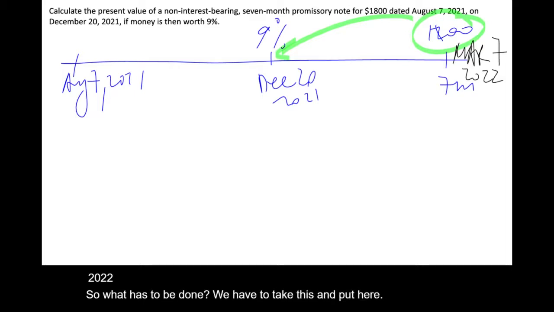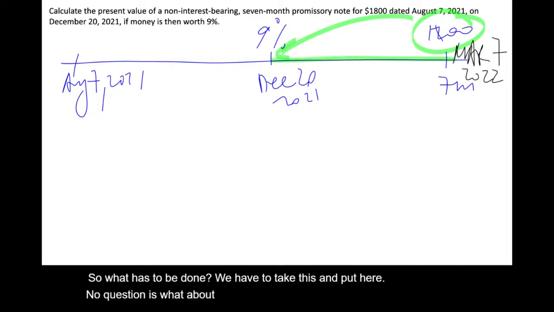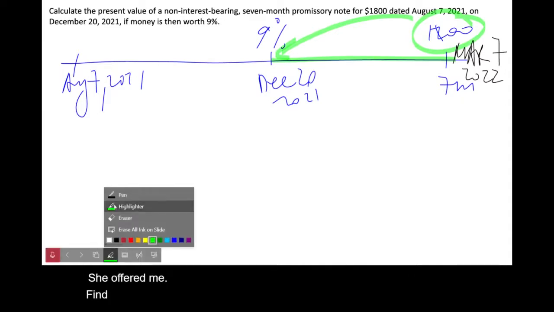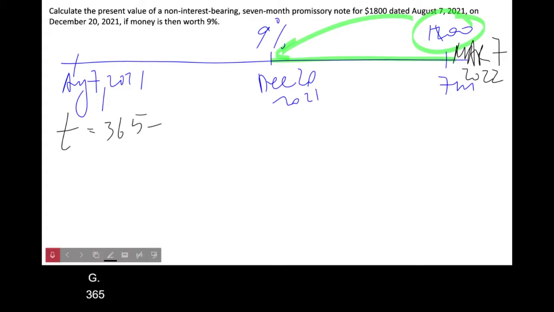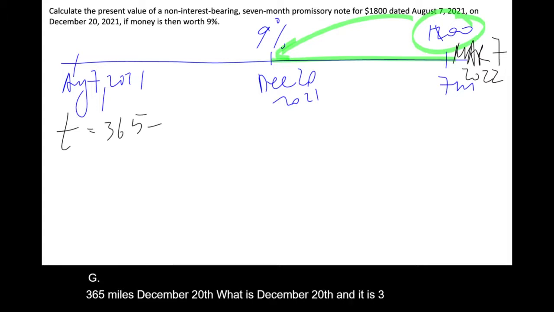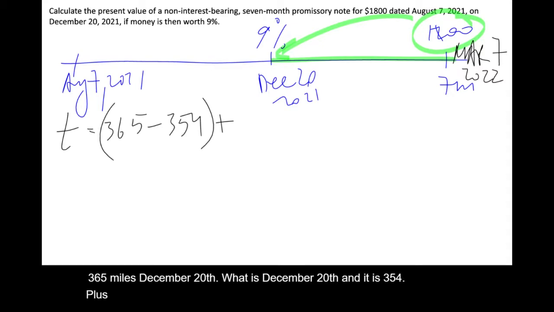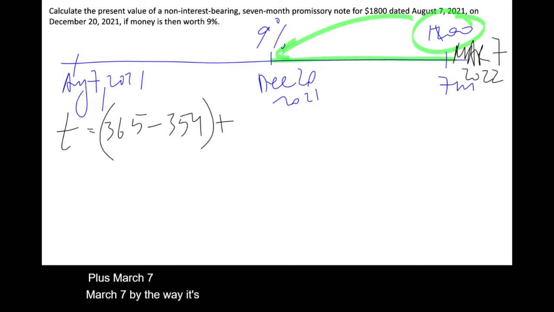Now the question is, what about T? So let me find T first. T is 365 minus December 20th. What is December 20th? It is 354, plus March 7, which is 127.